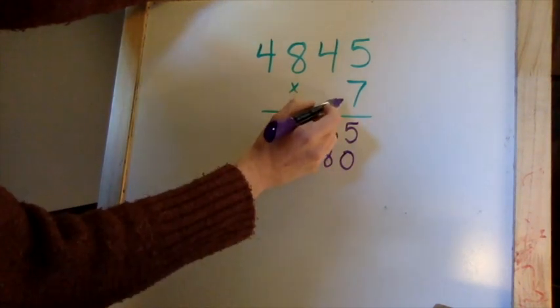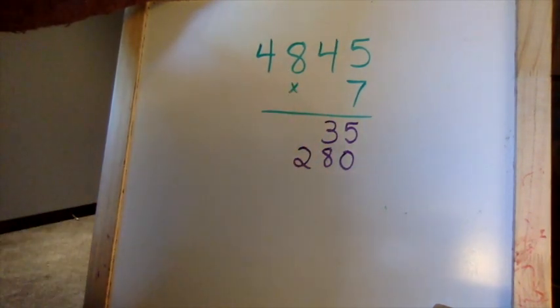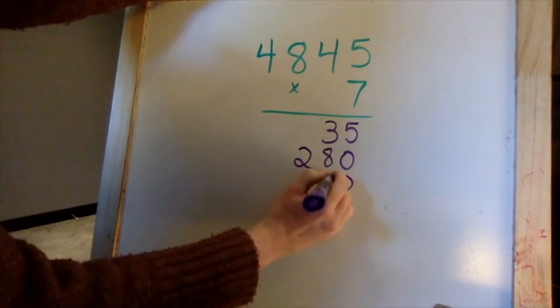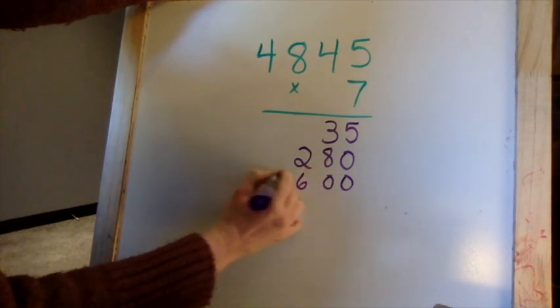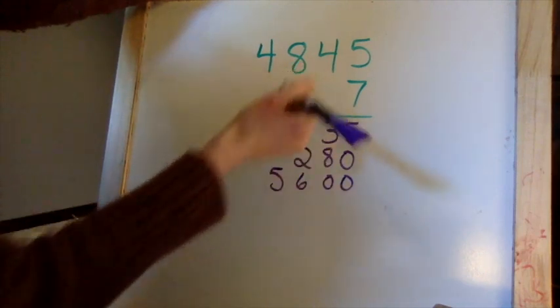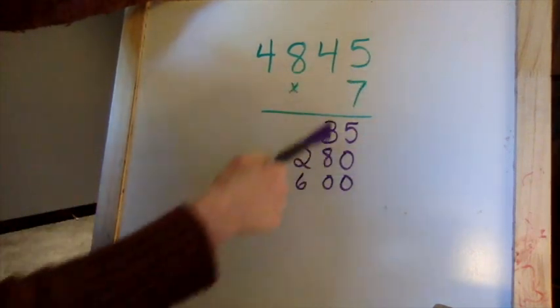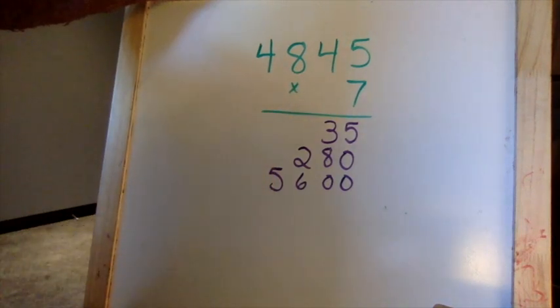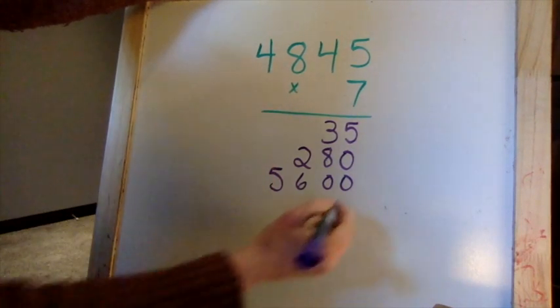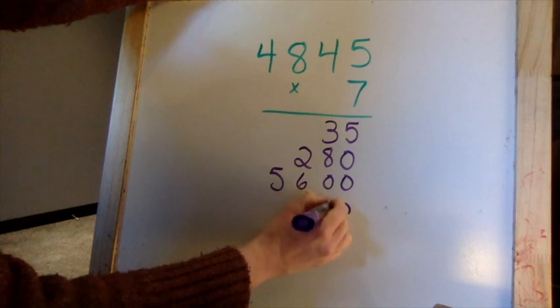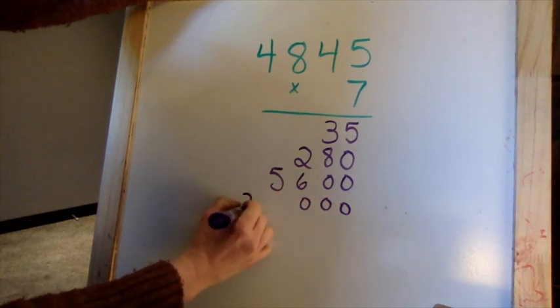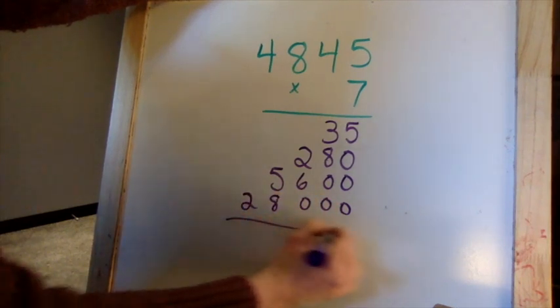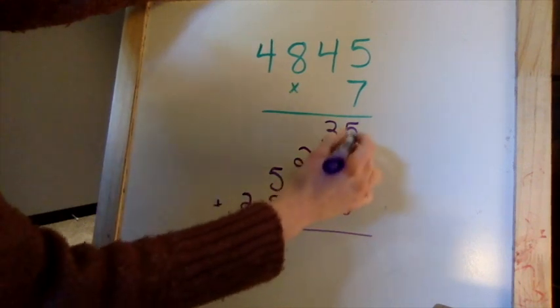Okay. 7 times 800. 8 times 7 is 56, with 2 zeros because it's in the 100 spot. 7 times 4,000. So 4 times 7 is 28, and it's in the thousands. So we go 1, 2, 3 for the 1,000s, and we just write 28. Now we add all of these together to get our final product.